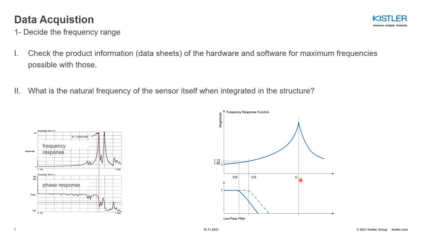And what we say is that the maximum frequency that you can capture with such a system having a natural frequency of f0 is somewhere between 1/5 and 1/3 of this natural frequency. Let us say in this case, the maximum frequency that you can capture with such a system is 1/3 of it. This is where you put your low pass filter.